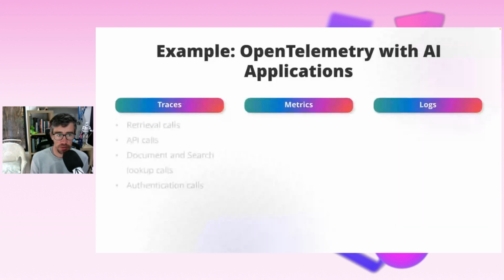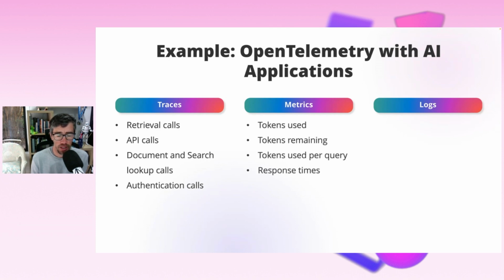So as an example, when it comes to traces, metrics, and logs with AI applications, for traces, I'd say you'd want to capture retrieval calls, so the actual search queries, the API calls to other components, document and search lookups, and also authentication. In terms of metrics, tokens is a massive aspect of this, because with GPT, your measurement for how you use GPT is the number of tokens that you're consuming.